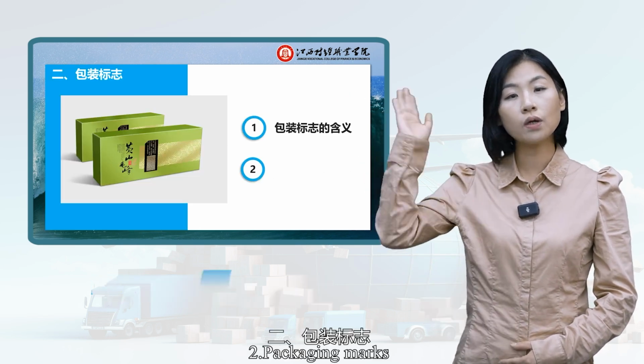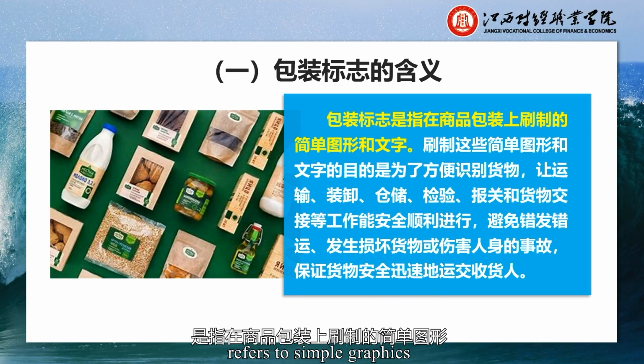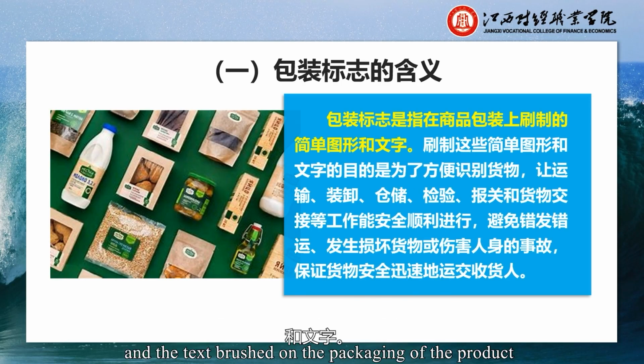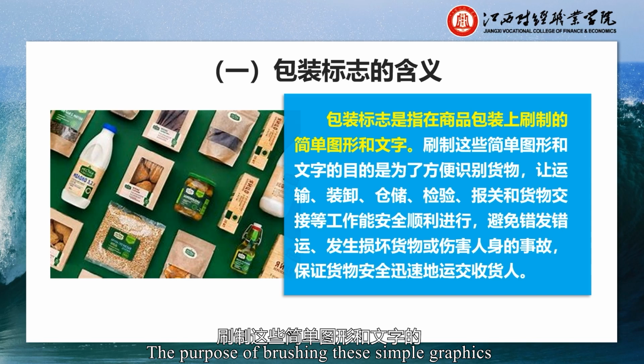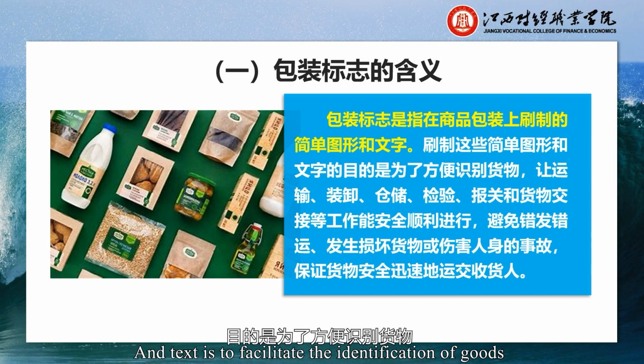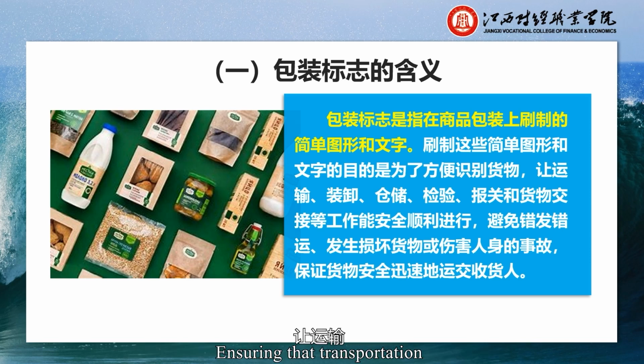Second, packaging marks. Packaging marks refers to simple graphics and text brushed on the packaging of the product. The purpose of brushing these simple graphics and text is to facilitate the identification of goods, ensuring that transportation, loading and unloading, storage, inspection, customs declarations, and handover of goods can proceed safely and smoothly.